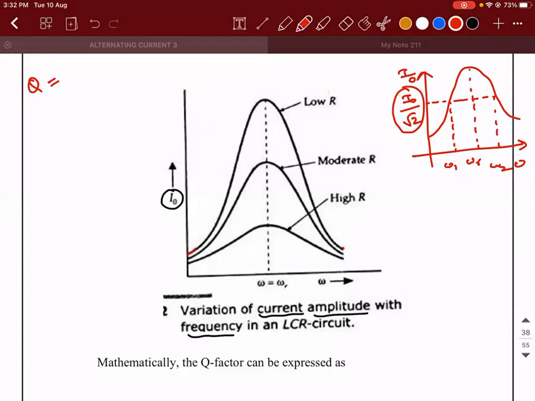You can observe that the value of maximum current is increasing and it is becoming highest at which value? What is the corresponding frequency at which the value of I naught is maximum?